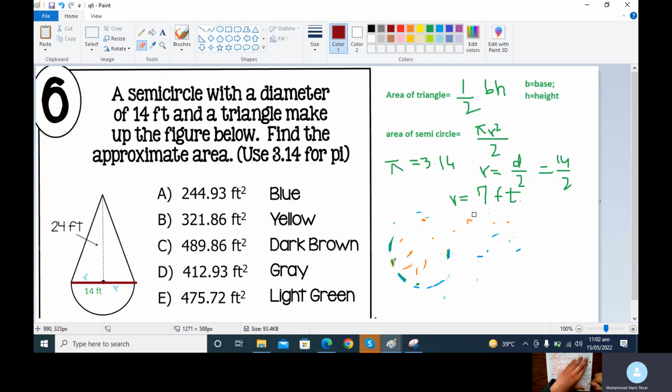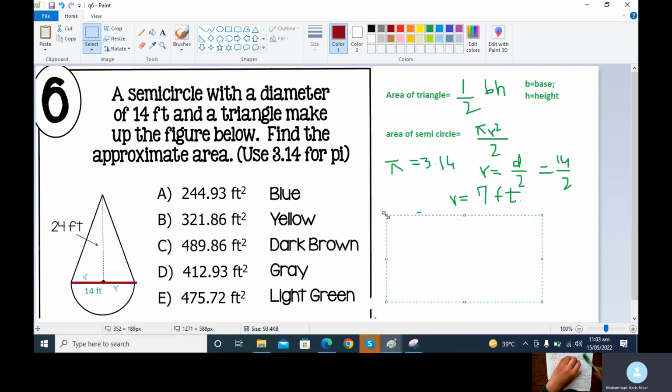Radius equals d divided by 2. So now pi r square by 2.